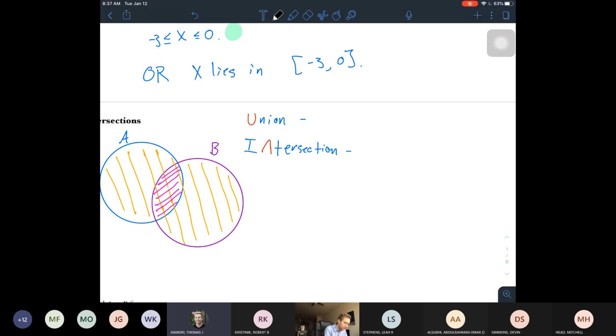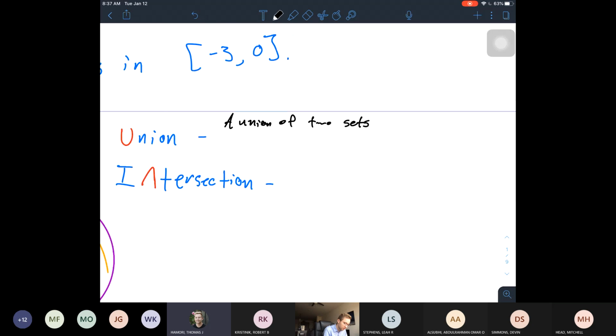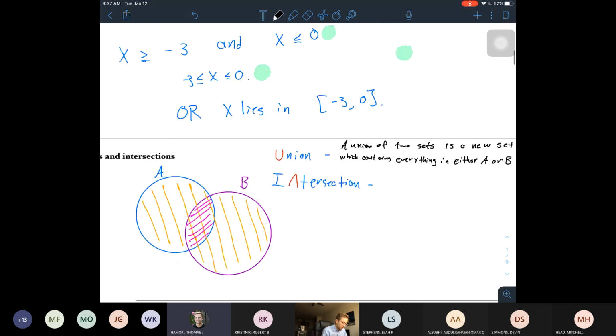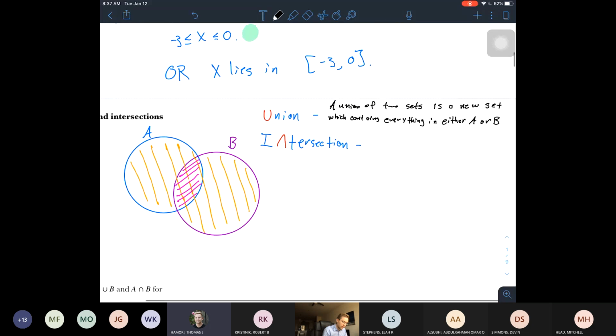A union of two sets is a new set which contains everything in either A or B.